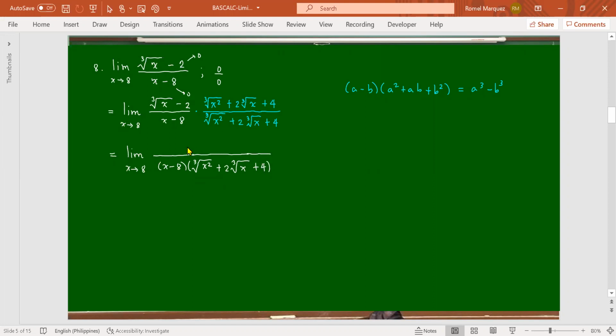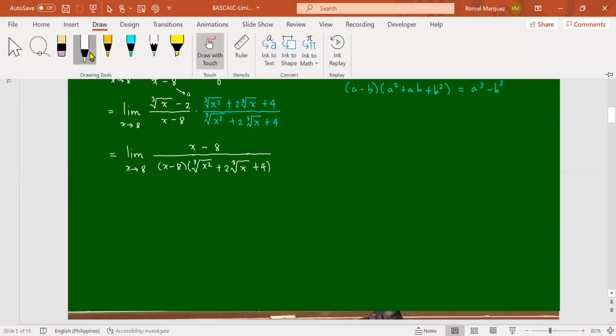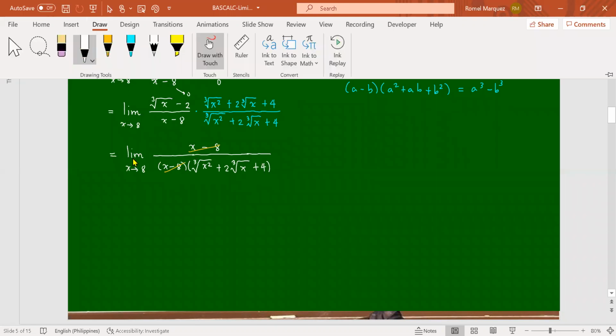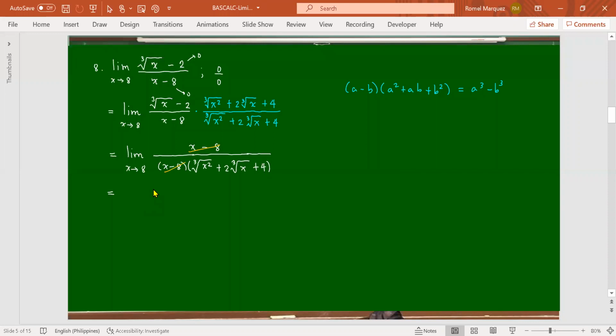And then numerator, cube the first. Ay di x na lang. Cube the second. So 8. Okay, guys? Canceled out. So we now have 1.